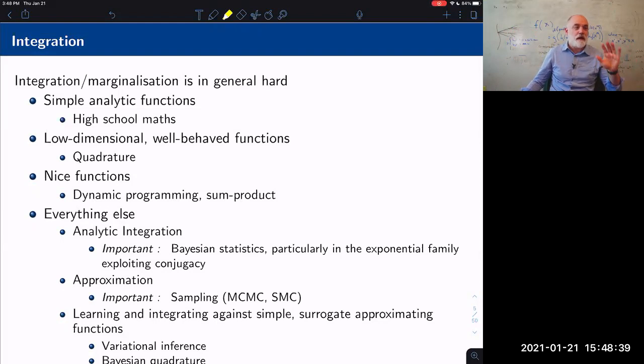Second thing is, if you have an uninformative prior, then there are uninformative priors. They're known as Jeffreys priors.